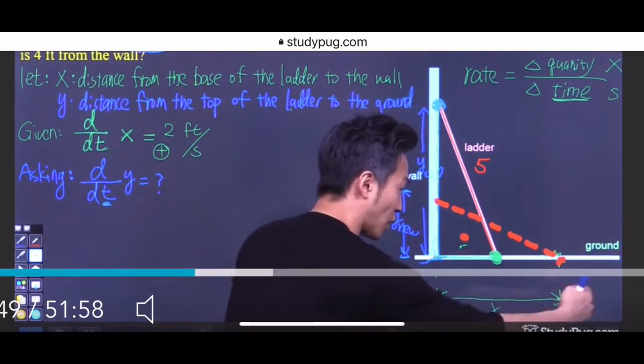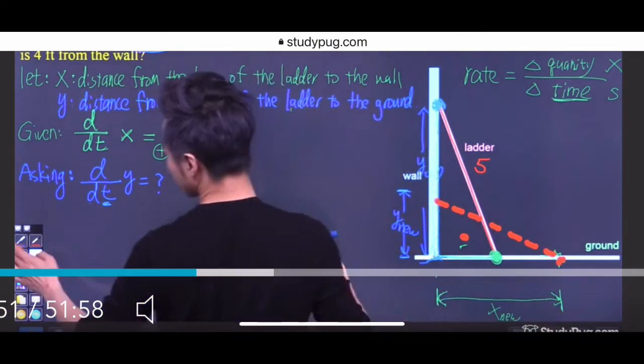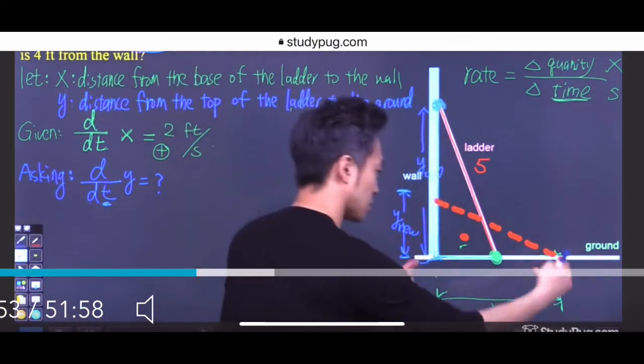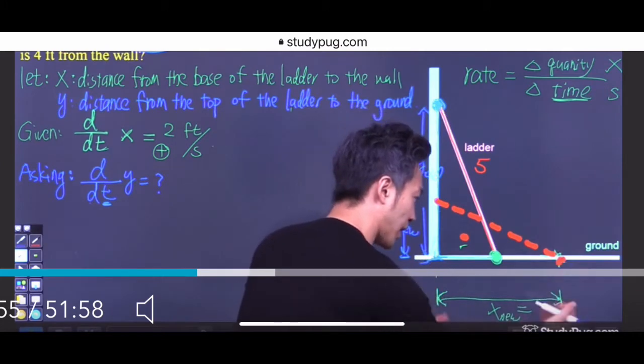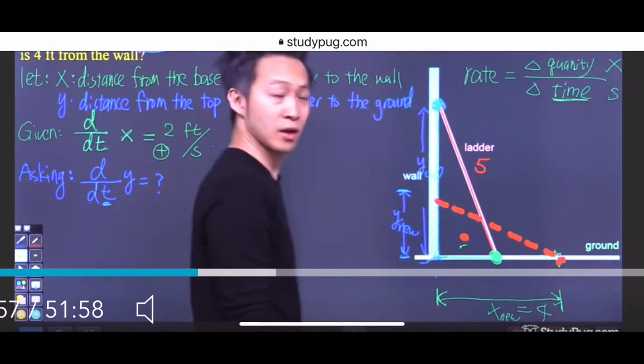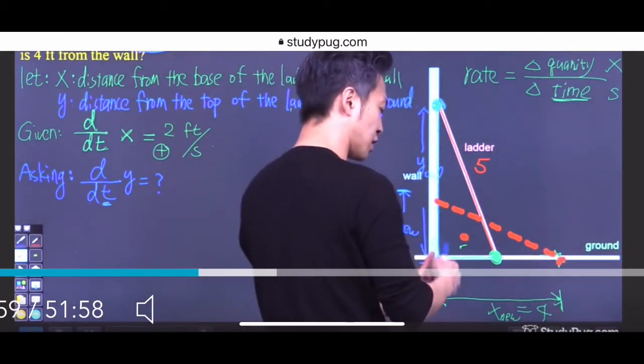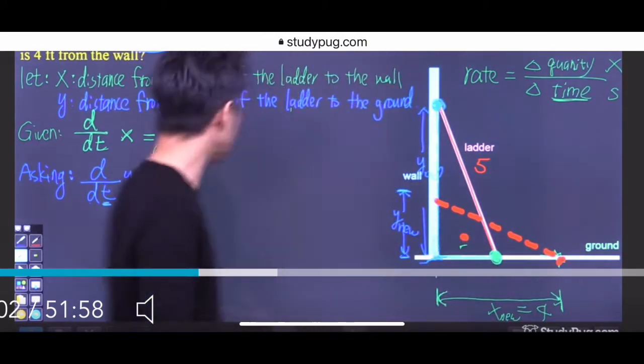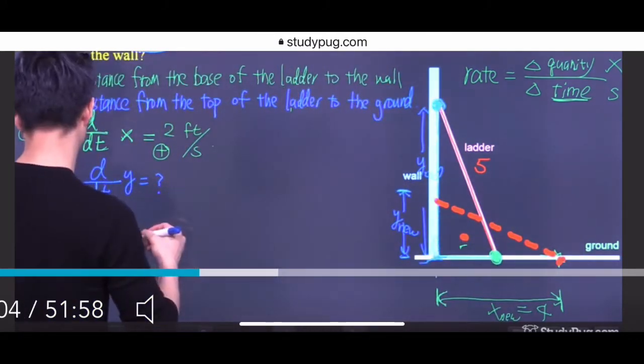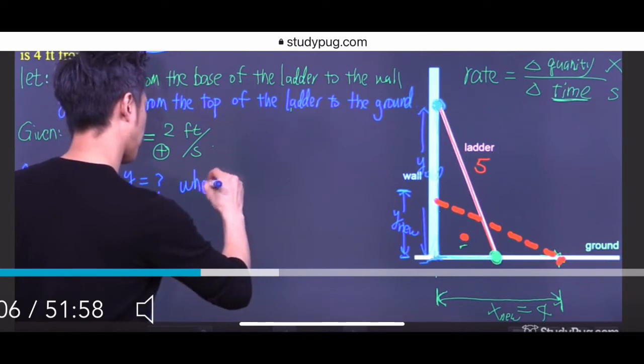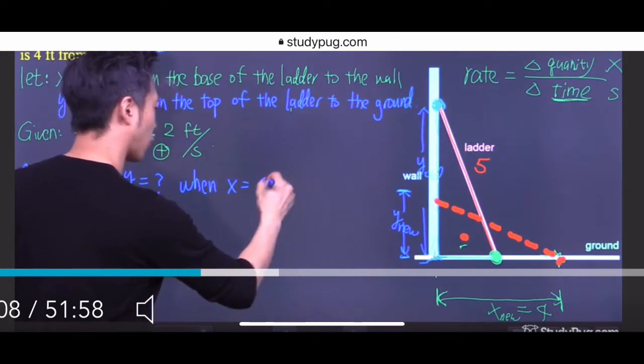Does that make sense? So this is the moment when x equals 4. Does that make sense?